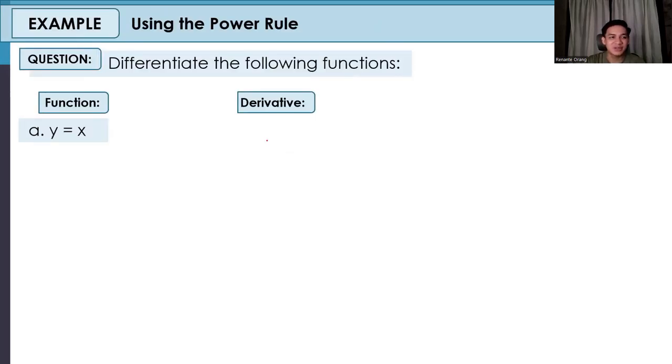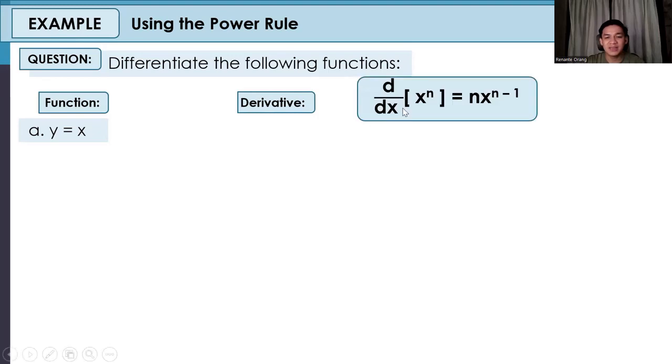Differentiate the following functions. Letter A, we have y is equivalent to x. Take note class, yung ating formula is the derivative with respect to x of x raised to n is equivalent to n multiplied by x raised to n minus 1. So, ibig sabihin nito, first thing that we need to do is to determine kung ano yung ating x and ano yung ating n.